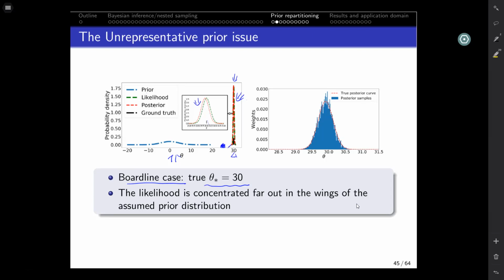Once we find one of these points, it has a higher weight. The sampling algorithm will be able to concentrate all its power on this region and find the correct one. So we will still be able to find the correct region and give a correct posterior in this case.